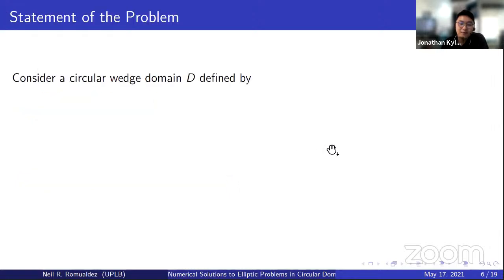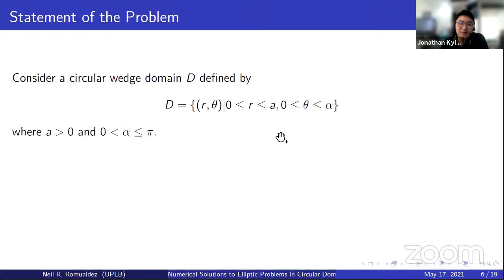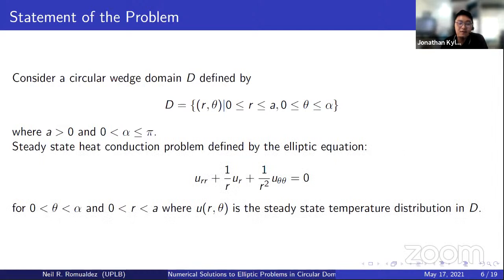So for his problem statement, he considers a circular wedge domain D, where r is the radius and theta is the angle. So r is from 0 to a and theta is from 0 to alpha, where a is positive and alpha is positive but less than or equal to pi. So that's for his domain. For his equation, he considers the steady state heat conduction problem in the form of an elliptic equation with two independent variables in the PDE, the radius and the theta.